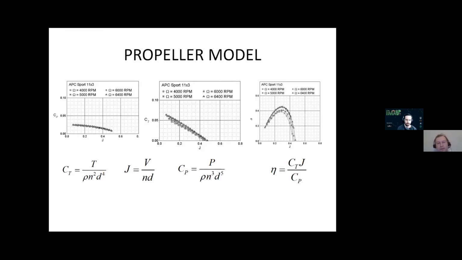So the main thing is to minimize the energy consumption.